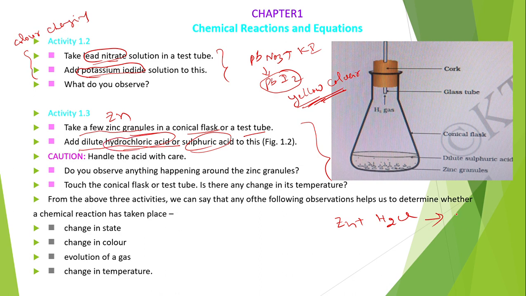You will get ZnCl2 plus H2 gas. So that's what he is telling. See, dilute sulfuric acid or HCl, zinc granules. You will get hydrogen gas liberated on the top.